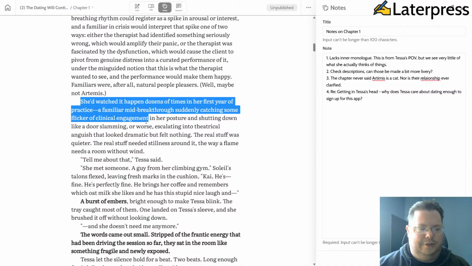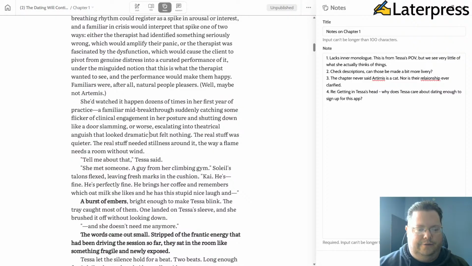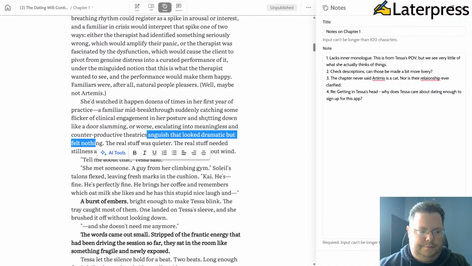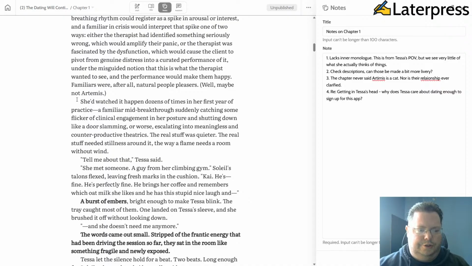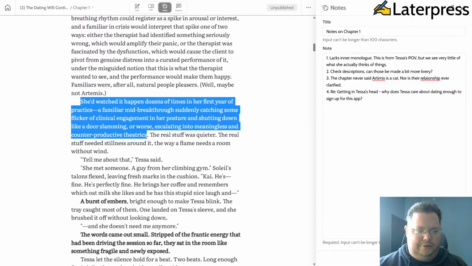A familiar mid-breakthrough, suddenly catching some flicker of clinical engagement in her posture and shutting down like a door slamming, or worse, escalating into meaningless and counterproductive theatrics.